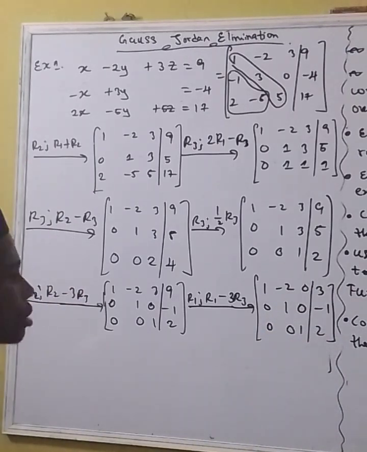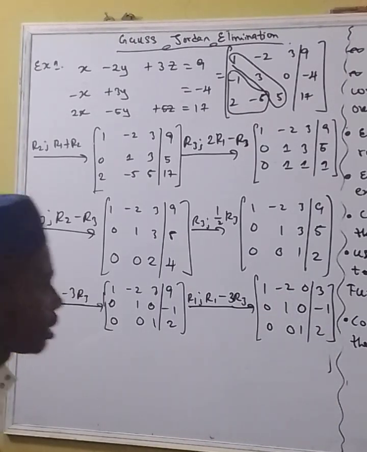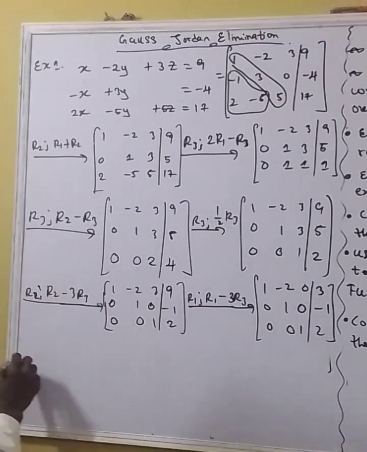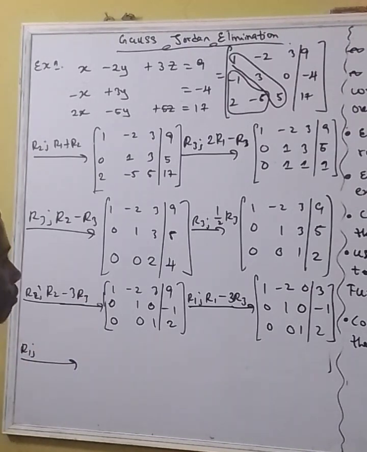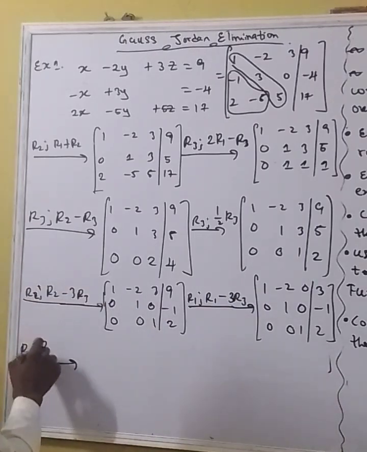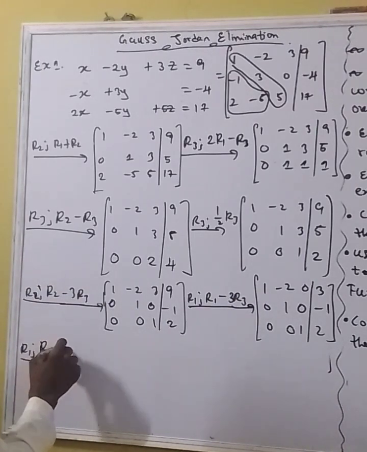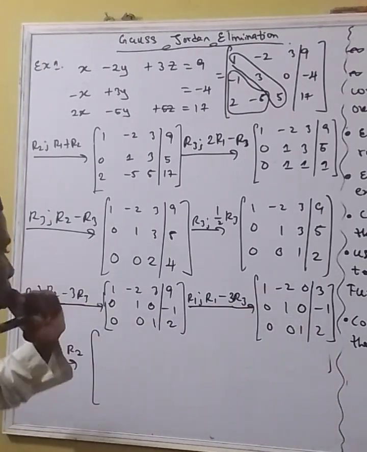So from that point of view, now look at this, this becomes 0. So I need to break this one to 0 as the last thing. So I could easily say under row 1, row 1 plus row 2. 1 plus 0, so will you work that out?